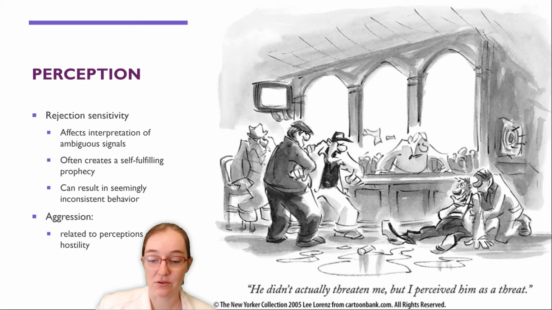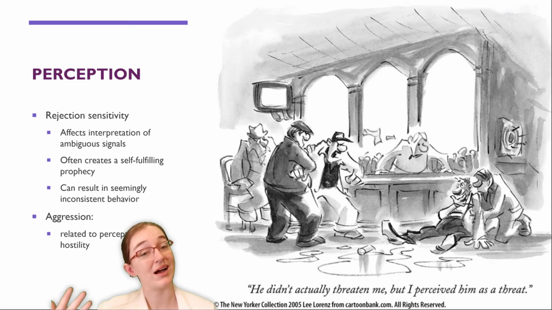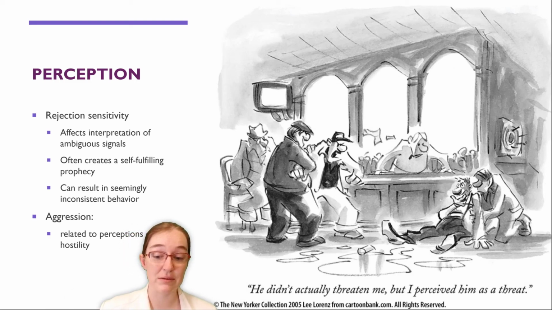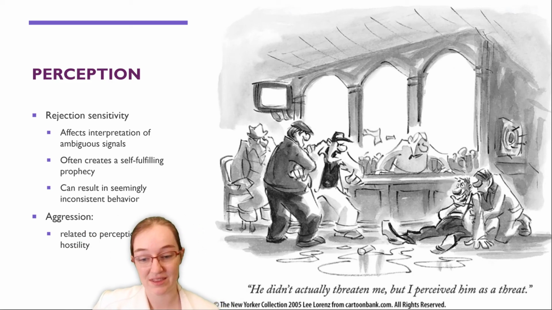Their memory may be related to more hostile themes or hostile people, but this is like an automatic perception, and their perceptions of hostility may influence how they perceive everything.